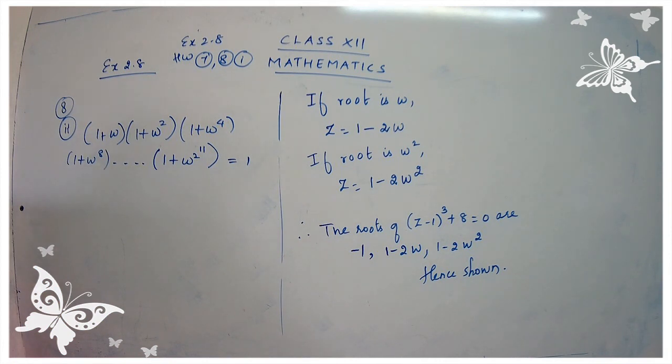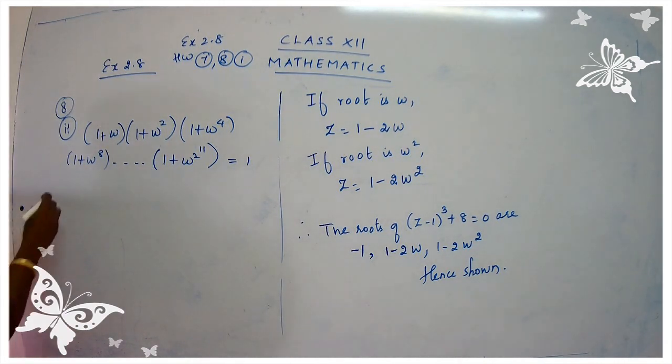Have you taken down the question? Do not take the first subpart, that's your homework. You have to take the second subpart: (1 plus omega)(1 plus omega square)(1 plus omega raised to 4)(1 plus omega raised to 8) dot dot dot (1 plus omega raised to 2 the whole raised to 11). And we have to show the answer as 1.